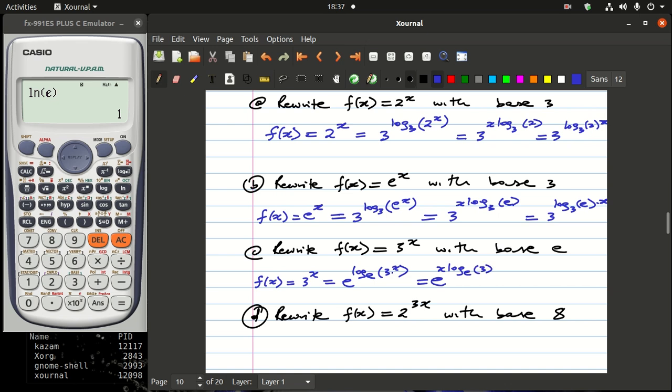And then I can work my way out and say you have e raised to log base e of 3, times x. But now you know that whenever you have log base e it means ln. So I can have e raised to ln of 3, times x. So that's our conversion here.